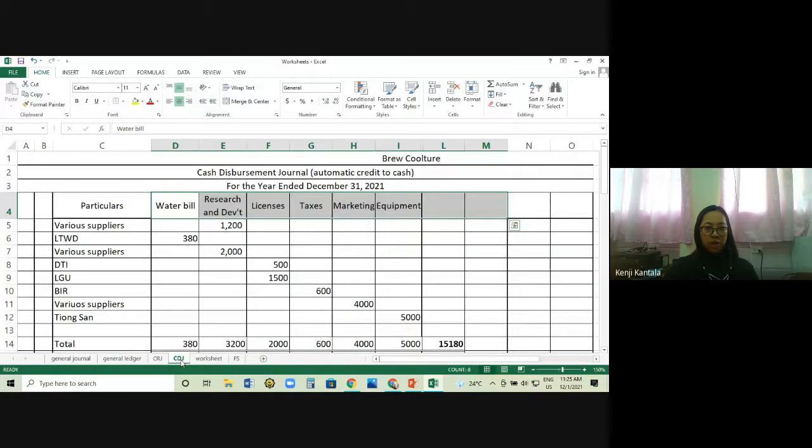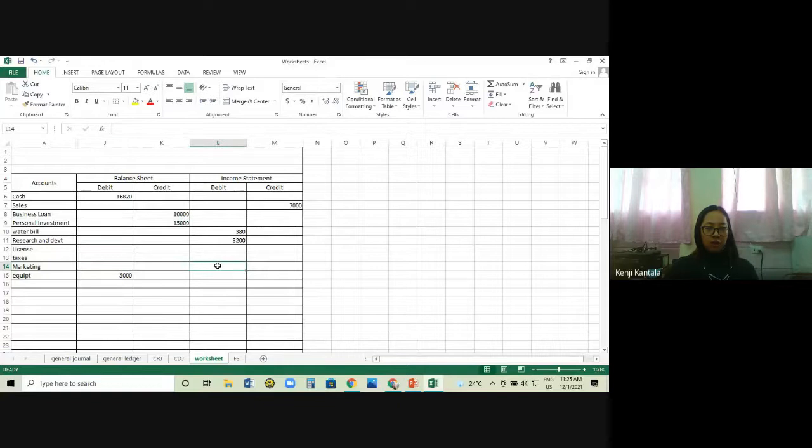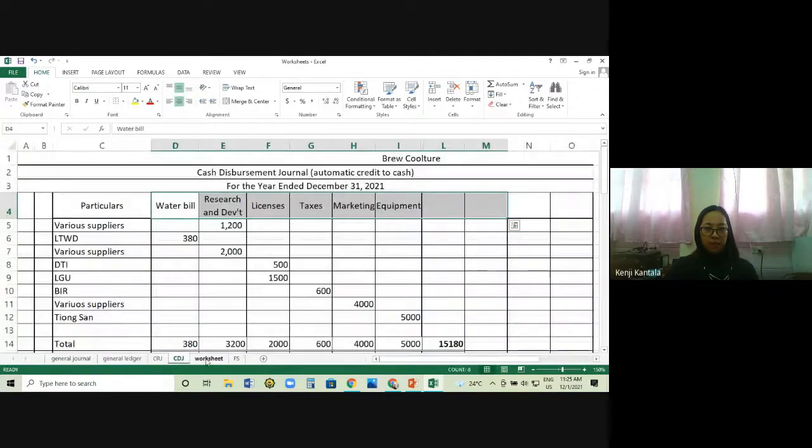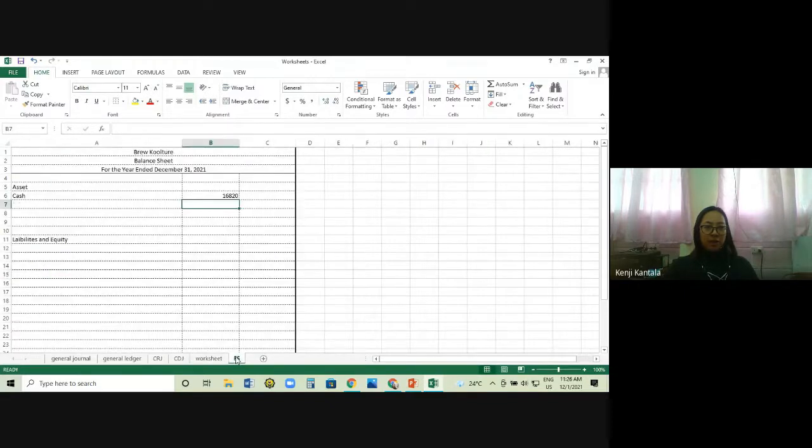For our marketing, 4,000, and then taxes, 600. Okay. So, ayan, na-summarize na natin. So, transfer lang natin. So, for our balance sheet, we have our cash and we have our equipment. So cash at 16,820 and then equipment at 5,000.